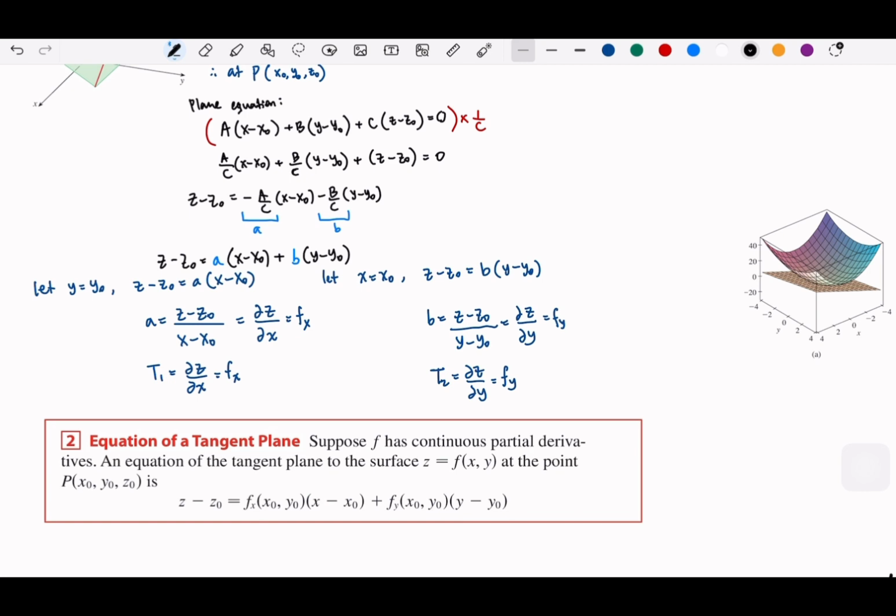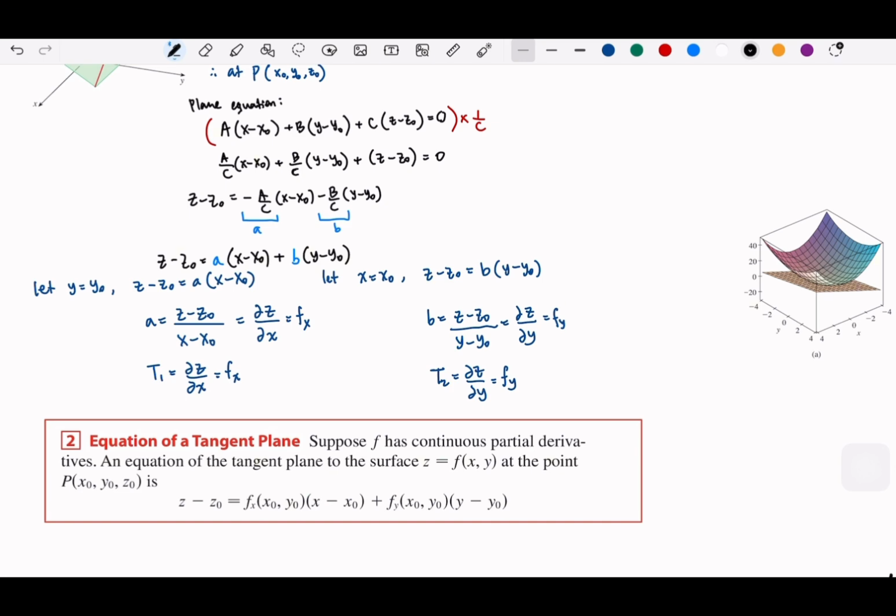Remember in calculus 1, just to mention that this is actually similar. In calculus 1, we have y minus y0 equals f prime at some point, multiplied by x minus x0. Done. But now we have z minus z0, and we have two components that we need to deal with, which is practically very similar. This is going to be the first derivative, right? This is also the first derivative with partial. In calculus 1, you also have the first derivative.